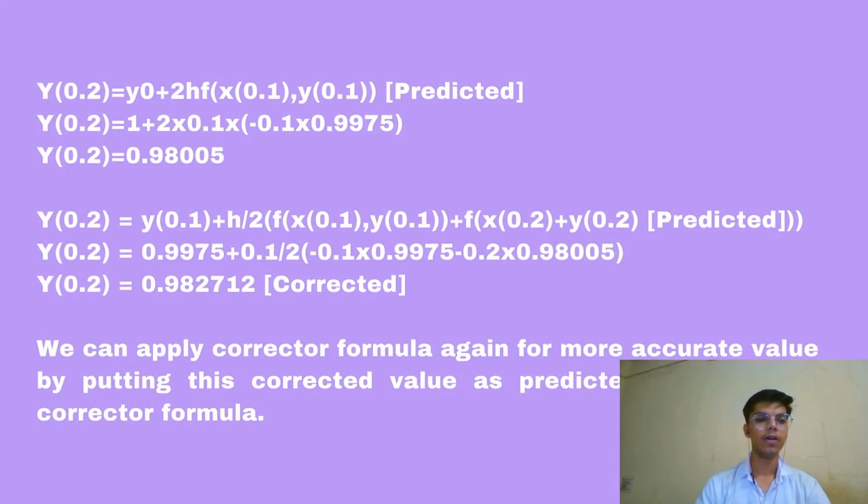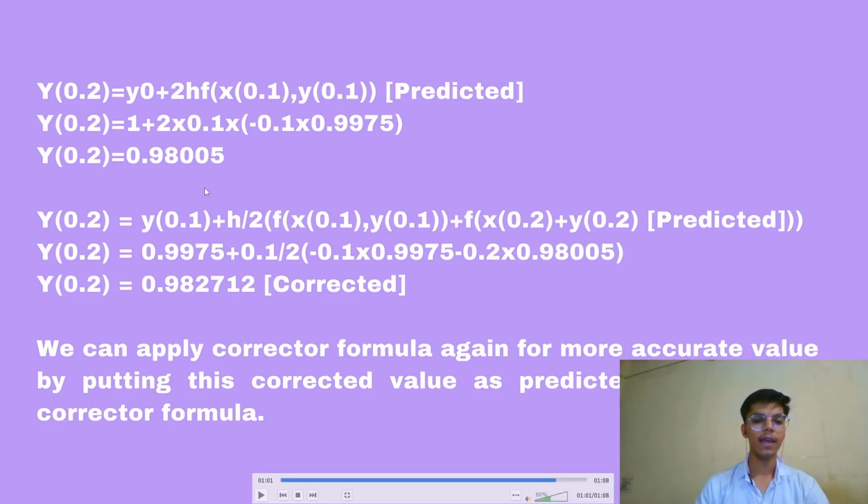So now we will find the value of y at 0.2. So we will use that previous expression to find the value of y(0.2), and here you can see that the value of y at 0.2 is 0.98005, and here we have again used the same formula, and we will get the answer as 0.982712.